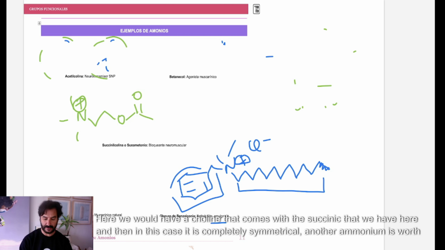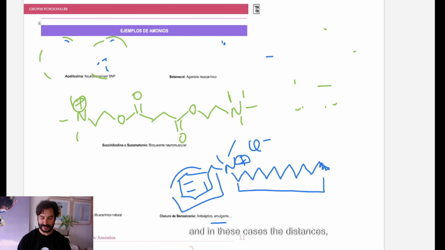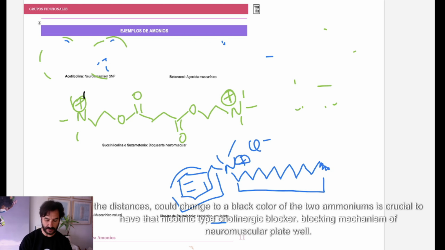Here we would have a choline that comes with the succinic part that we have here, and in this case it is completely symmetrical, with another ammonium. The distance between the two ammoniums is crucial to have that nicotinic receptor blocking mechanism at the neuromuscular plate.